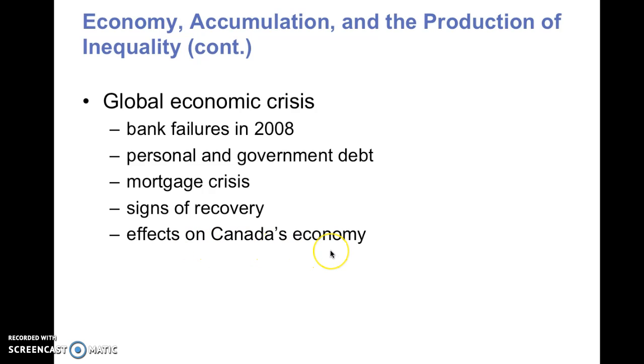The effects on Canada's economy. Canada was bolstered by the oil production, but since oil prices have collapsed in the last year, that has hurt Canada's economy, and it's going to be tough to see where the Canadian economy will end up within the next few years.